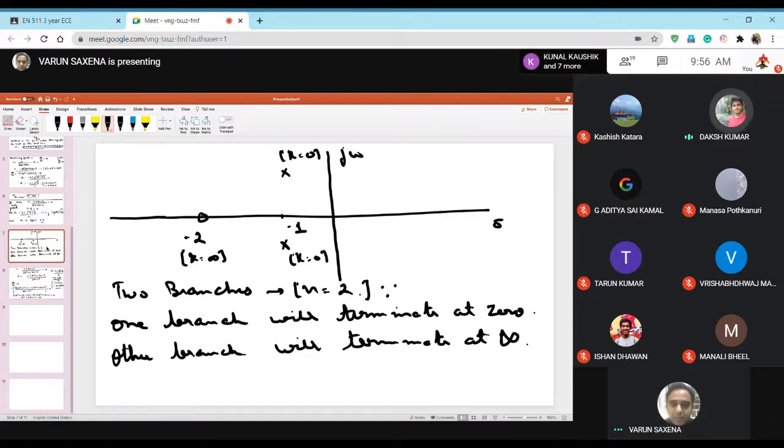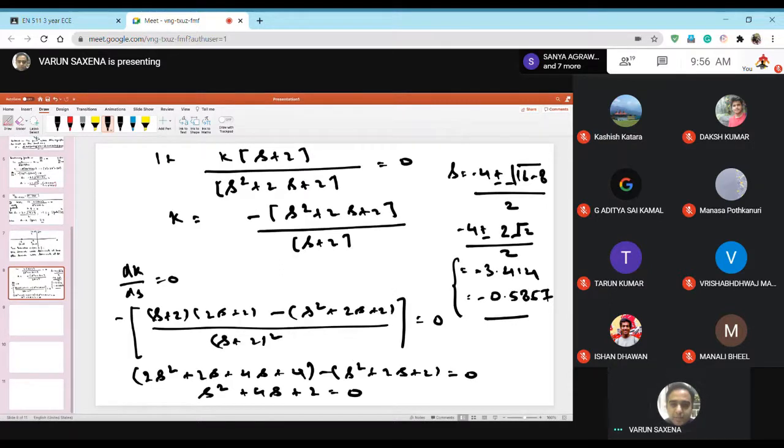One of these has to end at minus infinity, one of the branches. But the question right now is which of these two values that we evaluated will represent a breakaway point that is true to this particular problem. The other one has to be obviously neglected. So how will you figure out which value you will accept and which you will reject?